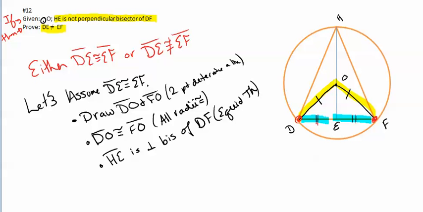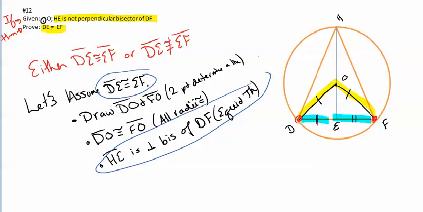So what this now says is that if I have DE congruent to EF, then HE is a perpendicular bisector of DF.